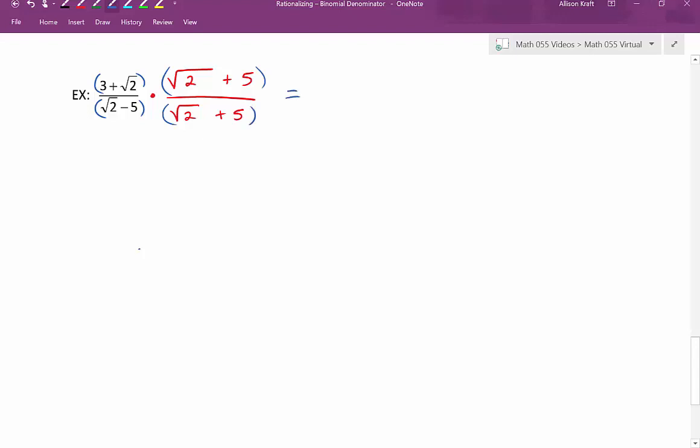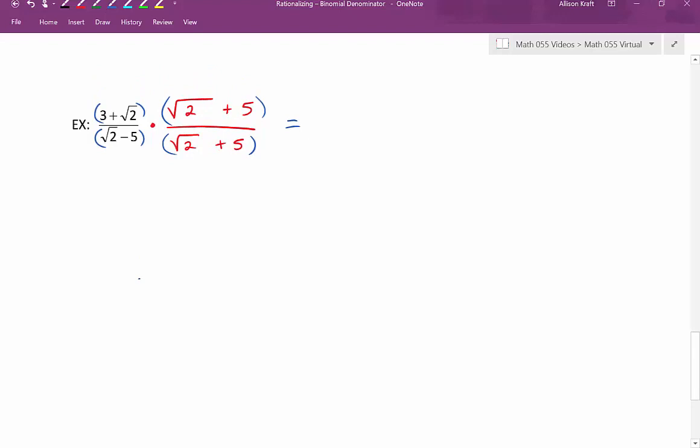No shortcut in the numerator, so we'll have to do the full multiplication. 3 times square root of 2 is 3 square root of 2. 3 times 5 is plus 15. Square root of 2 times square root of 2 gives us square root of 4. And then square root of 2 times 5 gives us 5 square root of 2.